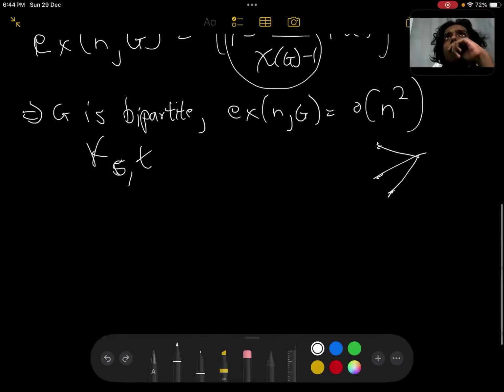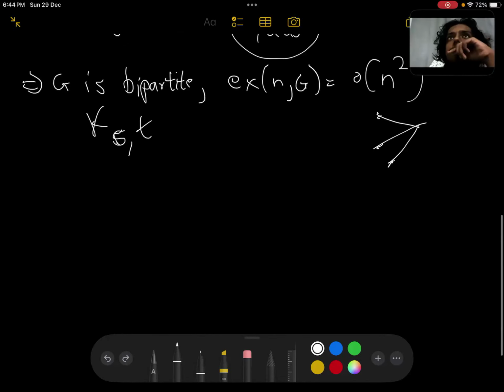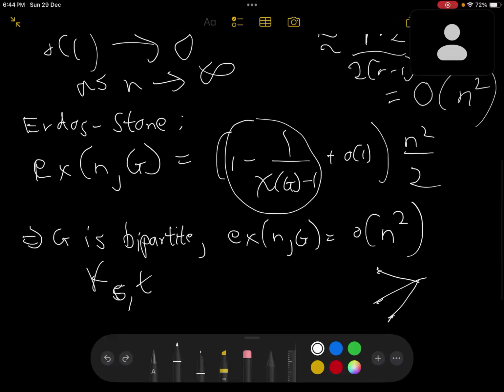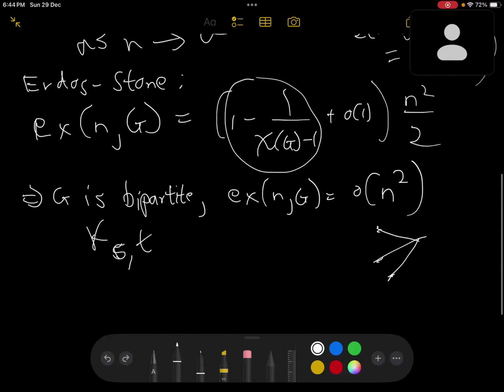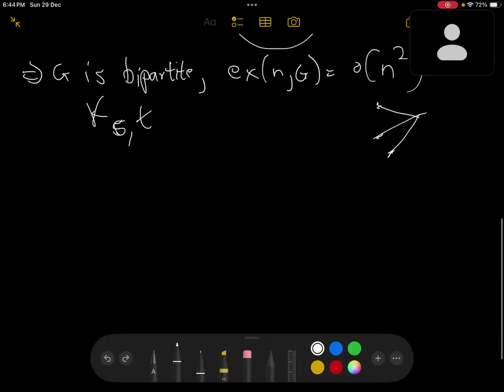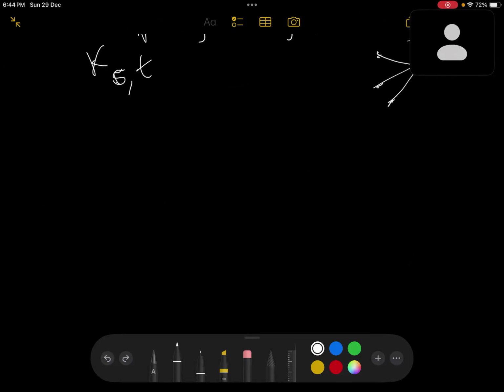I mean, if chi of G is 1, then does it really matter what the result says? Okay, this is undefined then. Wait, how do you even have chi of G equal to 1? It's just one vertex, completely disconnected, like isolated vertices. Just take 0 edges. Yeah, like one vertex, right? Any number of vertices.